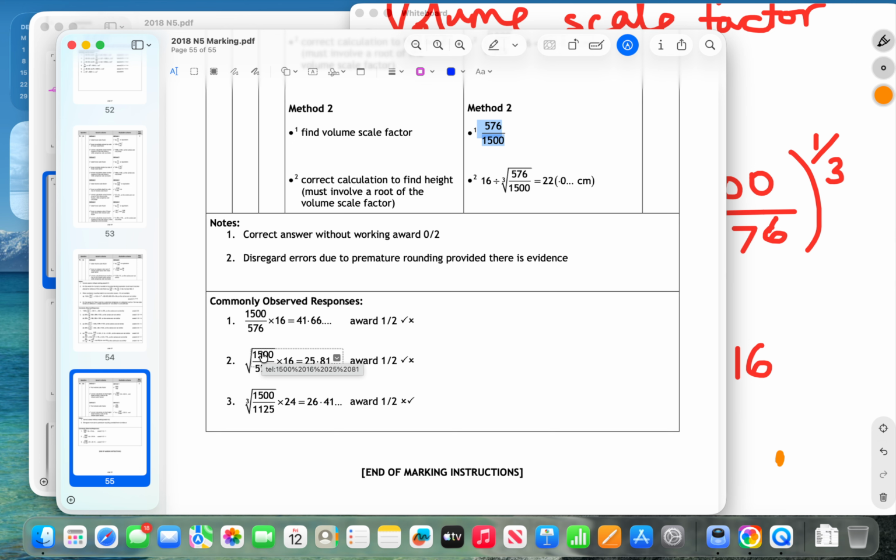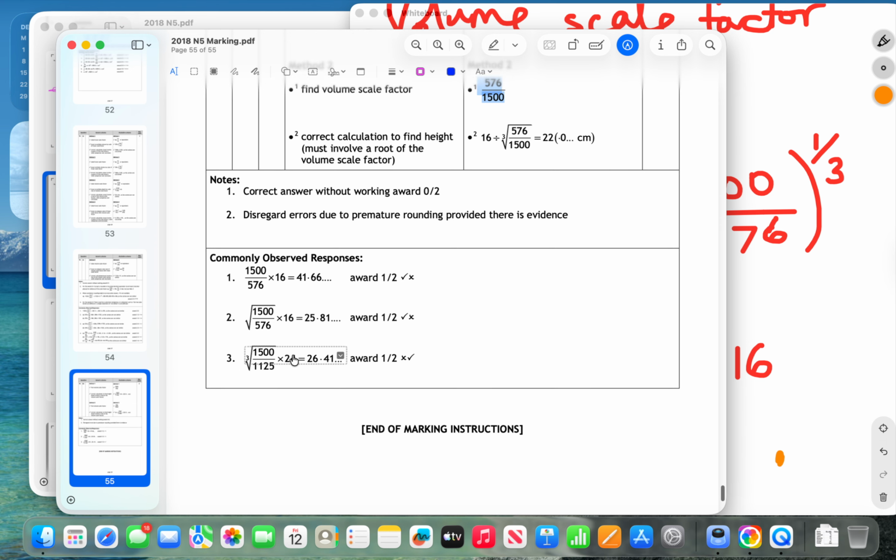So what they done was they took the square root of 1,500 over 576, mistakenly thinking it's the area scale factor, but it's the volume scale factor they have.